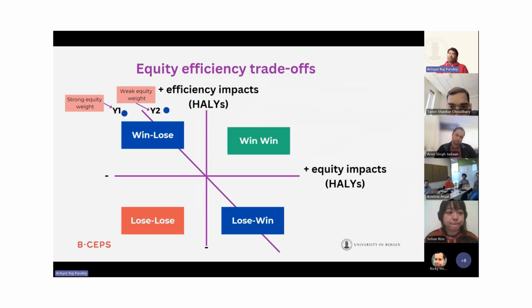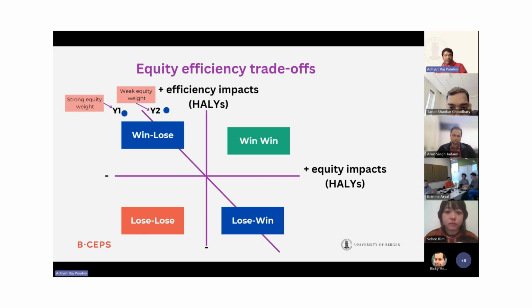The next approach in visualization of the equity efficiency trade-off is this plot, where as we go up, there's improvement in efficiency, and as we go from left to right, there is improvement in equity. So there is a lose-lose quadrant, where the intervention compromises both equity and efficiency. There is a win-win quadrant, where the intervention enhances equity as well as efficiency.